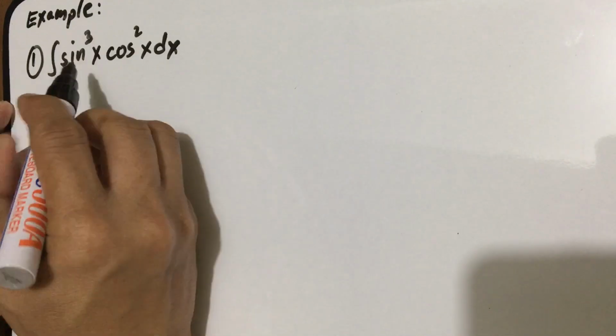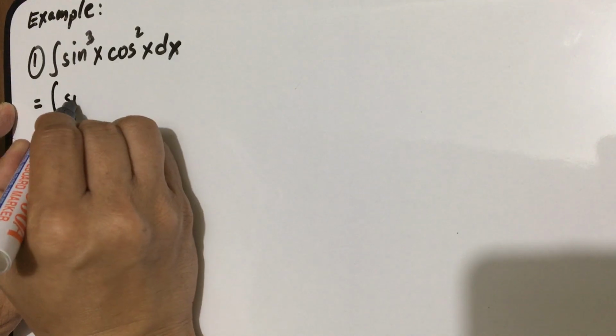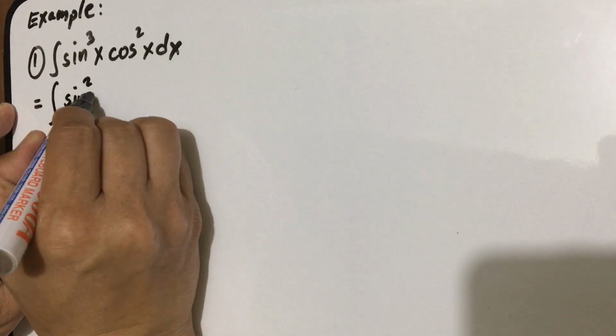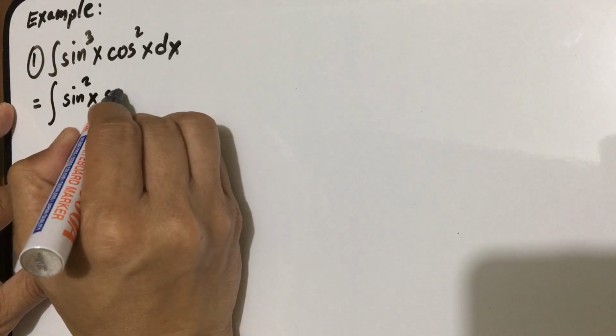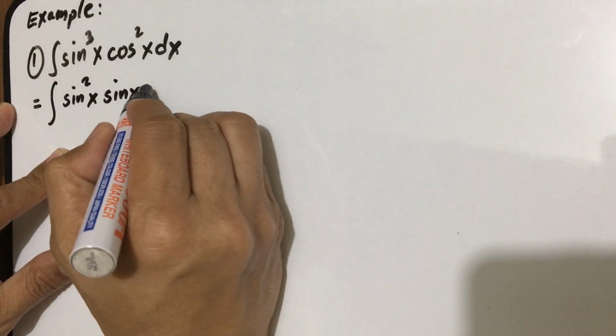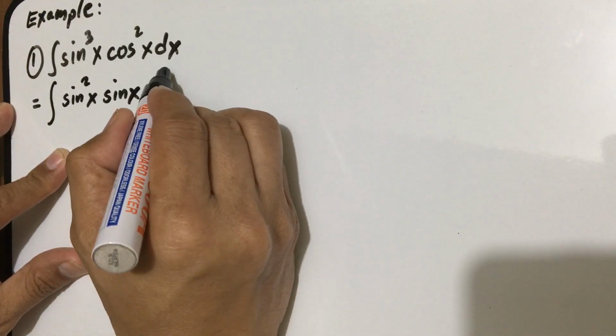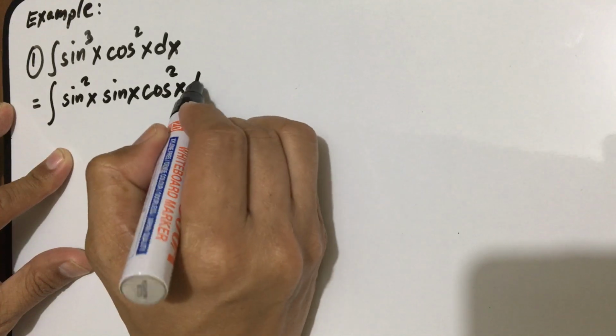So we can rewrite this as the integral of sine squared x times sine x, then times cosine squared x dx.